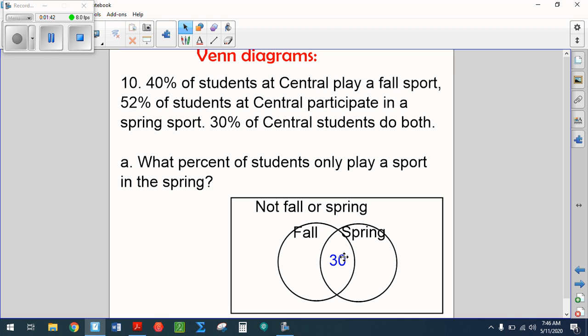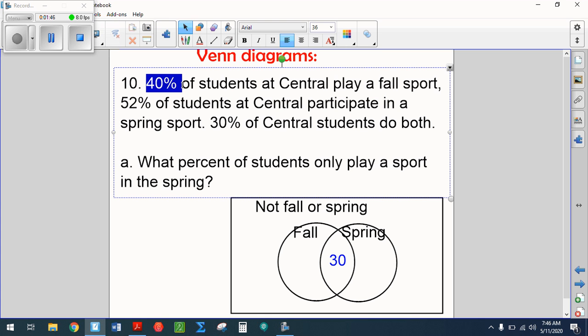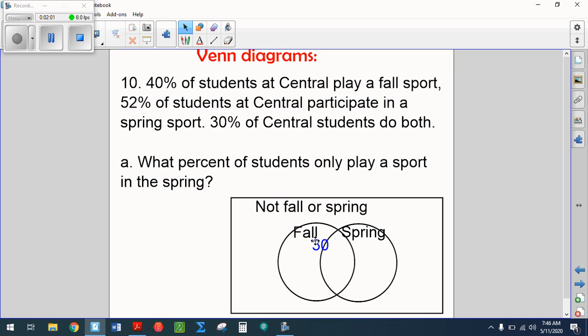Now, if they said 40 do a fall sport, right, 40% do a fall sport. So if I had 100 students, and I'm just using that number as a random number, 30 of them do both. It says 40 do a fall sport. Well, I already have 30 in the fall sport category. This 30 is in the fall, it just happens to also be in the spring.